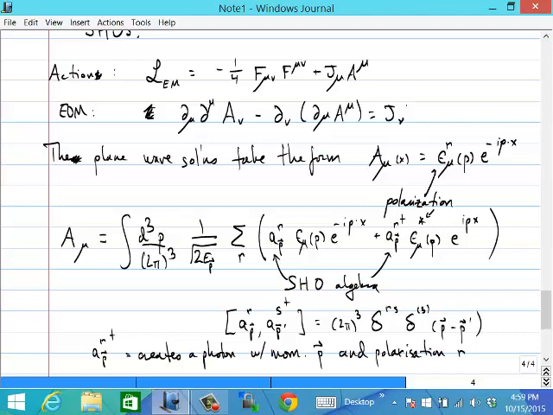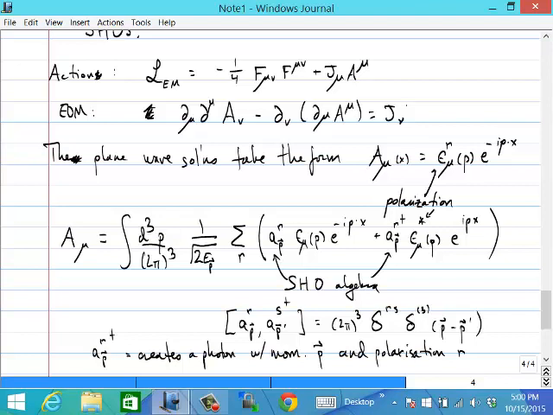So, for example, if you chose a basis where the 2 epsilons were left and right circularly polarized light, then you would get the raising and lowering operators that create photons. There would be 2 species of raising operator, one of which created photons that were left polarized and the other which created photons that were right polarized. And everything that we've done here will proceed exactly as it did for the real scalar field.